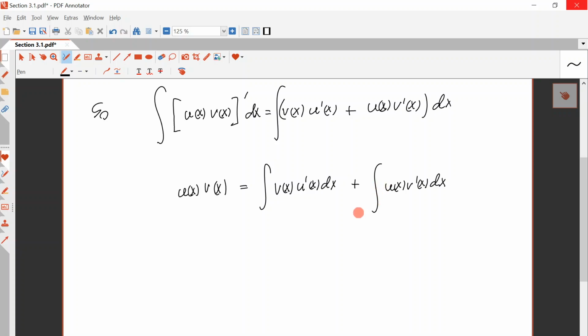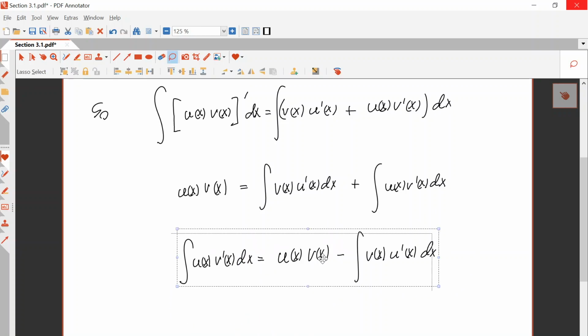So let's rewrite this as the antiderivative of u(x) times v'(x) is equal to u times v minus the antiderivative of v(x) u'(x) dx. Okay, so just juggling the terms around a little bit, that's what we get.